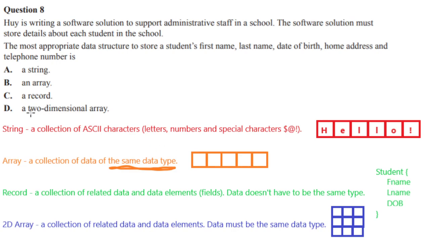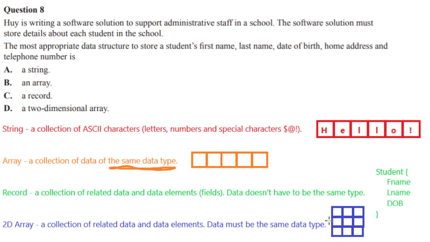The last one is our two-dimensional array. They're very similar to our one-dimensional array up here, our normal array, except we're stacking even more arrays on it. So think of it as an array on top of an array. And here's an example of a 3x3 array.